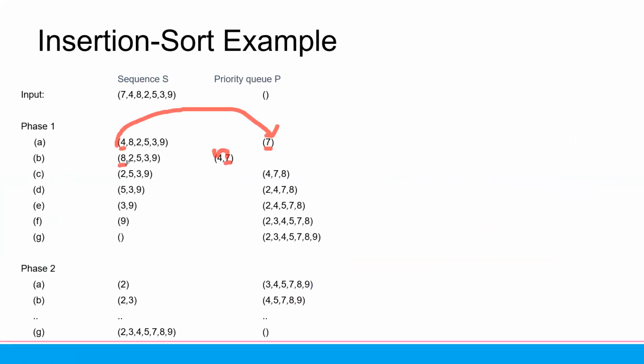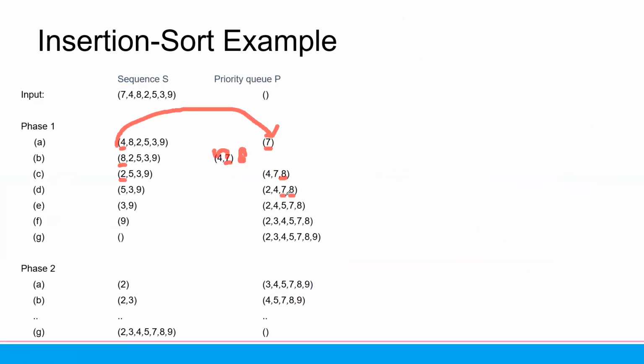And then I will remove 8. This is the first element here. And then I will check. 8 is smaller than 7? No. Then I will put it in the last position. And then I will check the next element, which is 2. 2 is smaller than 8? Yes.